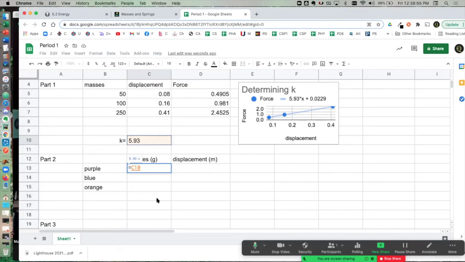I don't want it to be C11 and then C12. So what do you put in front of that number? A dollar sign. Dollar sign says take that exact place. Now, do I need to put a dollar sign in front of the letter? Technically, I don't, unless somewhere along the line I drag over, and now it's going to be D and E, right?